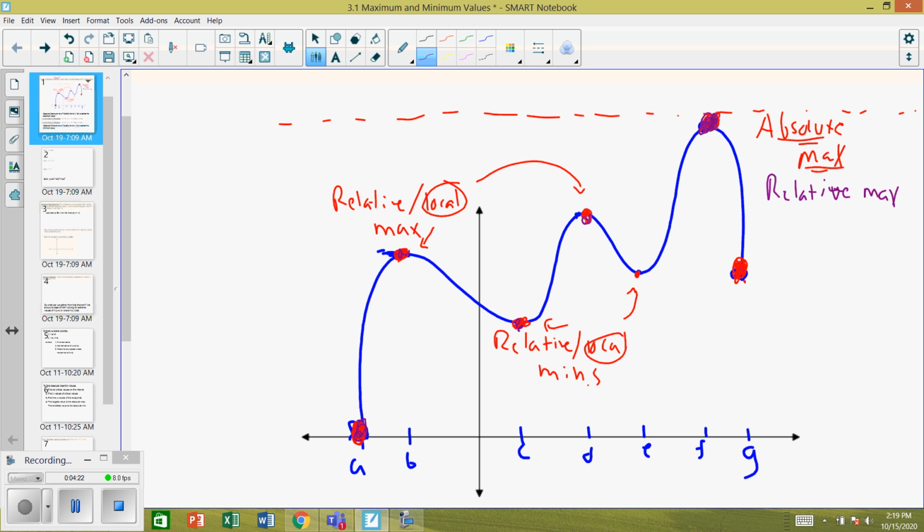Let's talk about the endpoints, A and G, and how endpoints work on a closed interval with maxes and mins. Let's write this separately here. Endpoints.